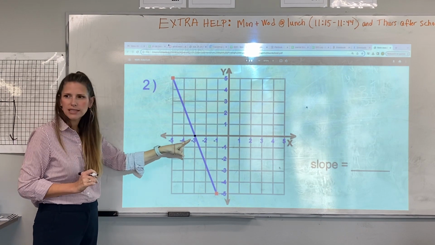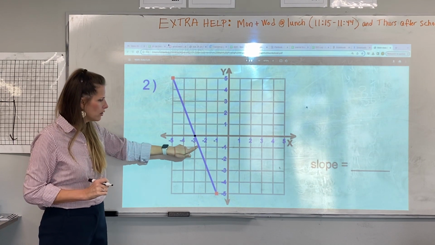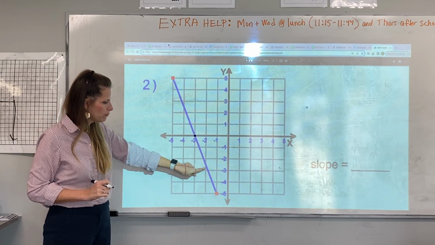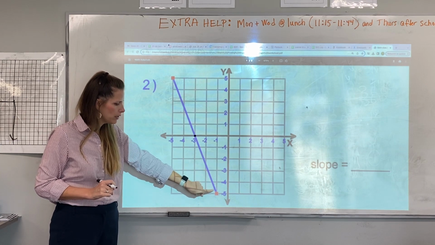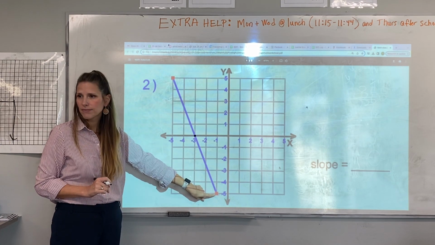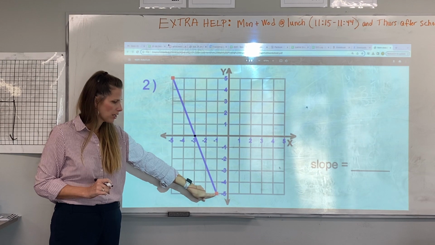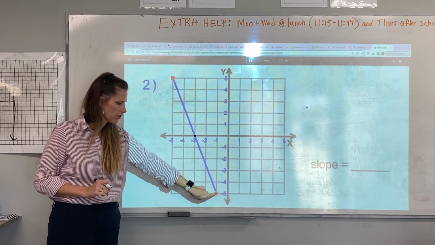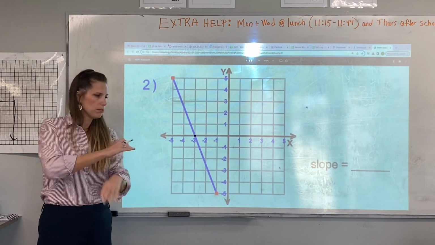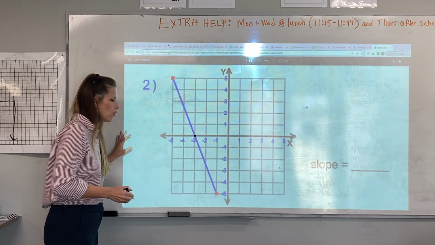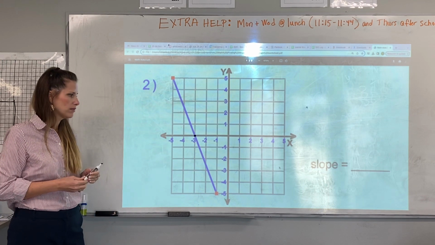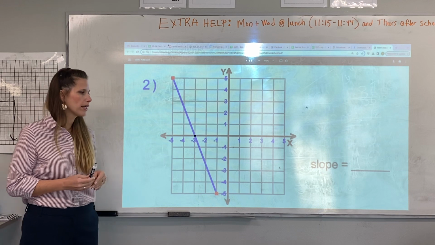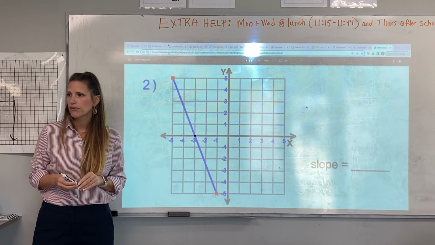Then I just scan down the line and look, no, no, no, no, ding, ding, ding. This is a clean intersection because it's going right through that little plus sign right there. So we're gonna have to do a lot of counting for this one. Is the slope positive or negative?